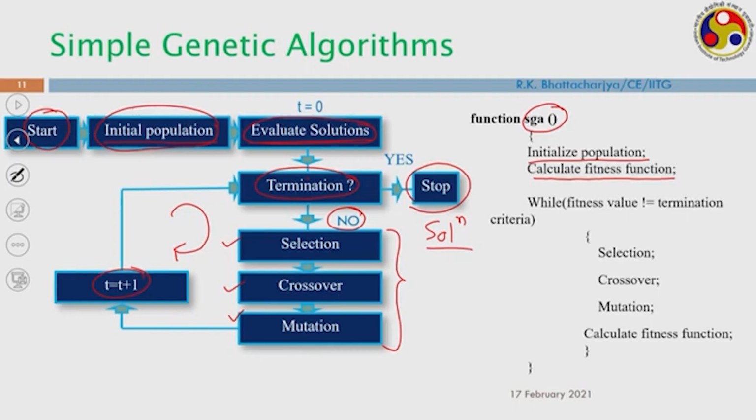Then this while loop will continue: while the fitness value is not meeting the termination criteria, the solutions go through the selection operator, crossover operator and mutation, and you calculate the fitness function again, and then the loop continues.